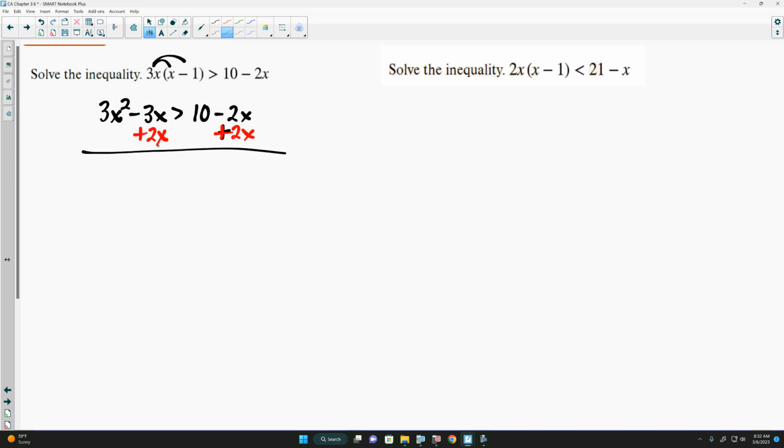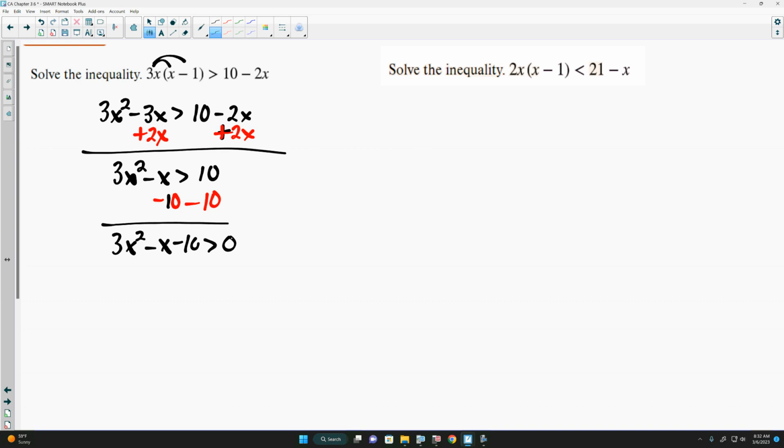Now to get this equal to 0, I'm going to add 2x to both sides. 3x squared minus x is greater than 10. Subtract 10, telling us that 3x squared minus x minus 10 is greater than 0.